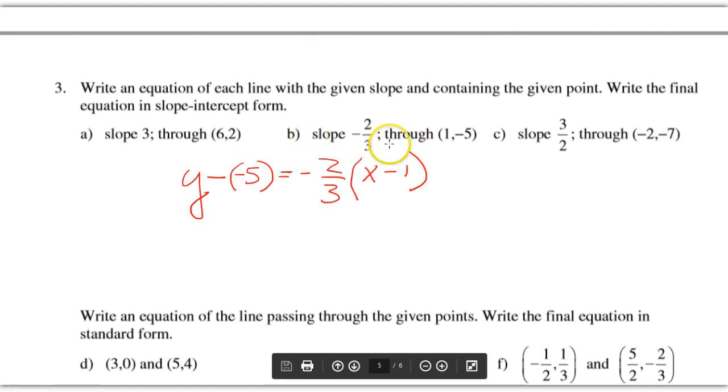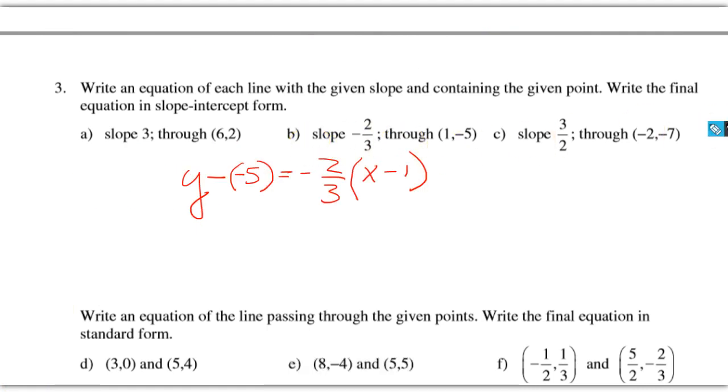Now, for letter B, I'll do that one with you live here so we can kind of go through the process. I've substituted the negative 5 for the y, and I put that in parentheses because there is a negative in the formula. And notice that the opposite of a negative is going to make this positive.